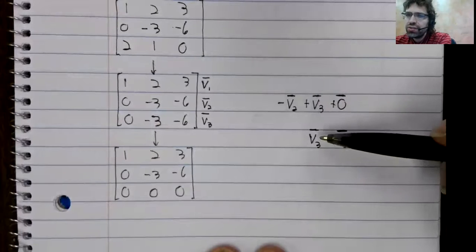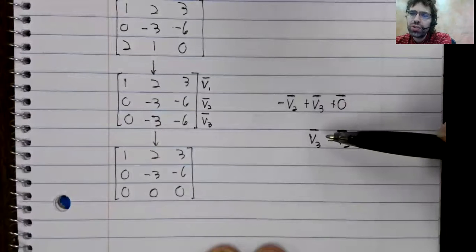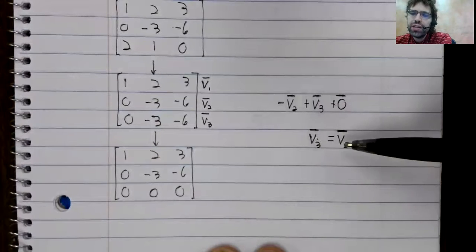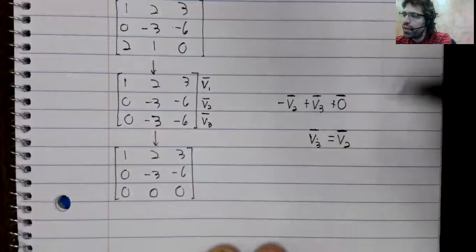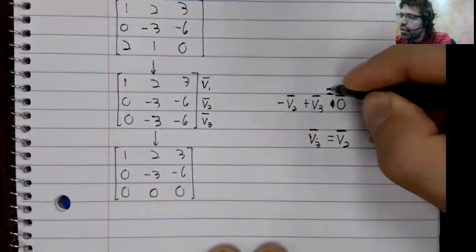So notice we can't necessarily expect that all the time, but the third row is a linear combination. Sorry, that's not addition.